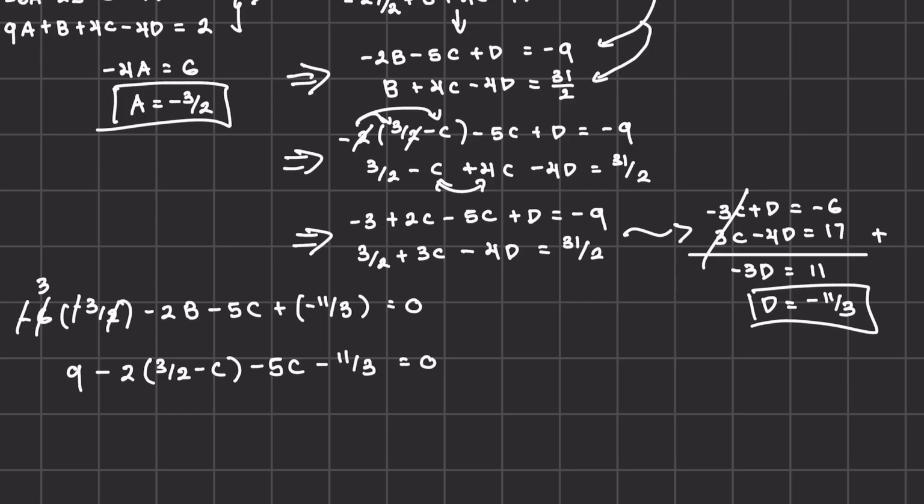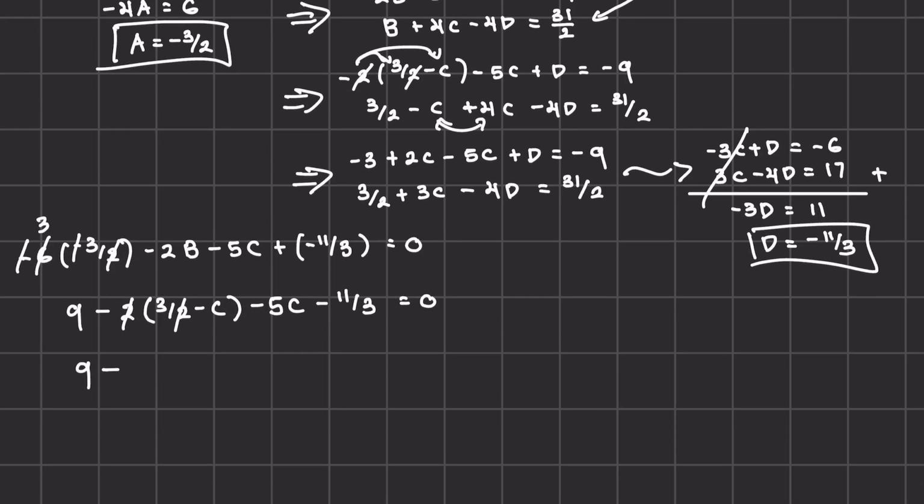All right, let's simplify this equation more. So we have 9 minus 3 plus 2C, because the second one here, we're going to cancel out the 2's, plus minus 5C minus 11/3 equals 0. Therefore, we can simplify the C's here.